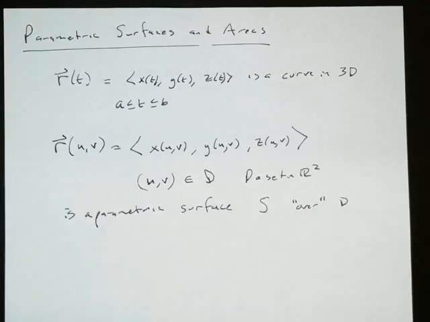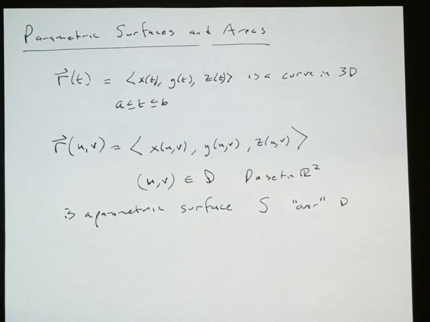And we call it the surface over D. So D is our domain, and S is a 3-dimensional object, a surface in 3D.